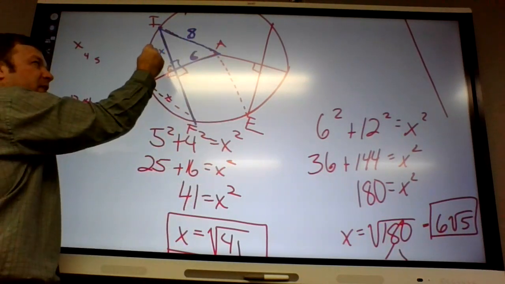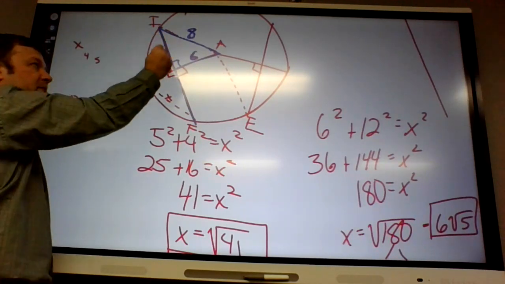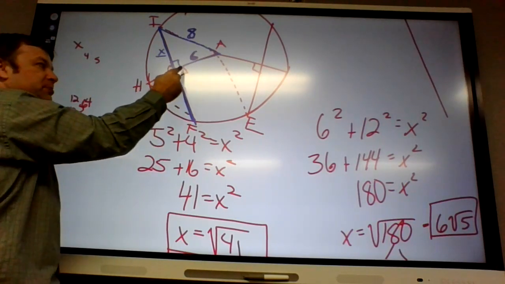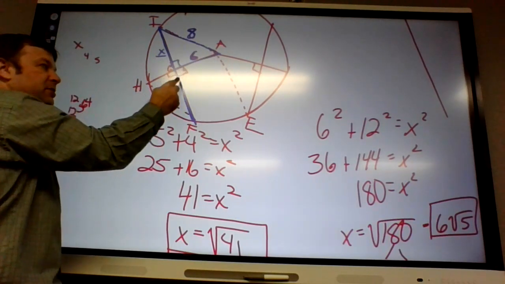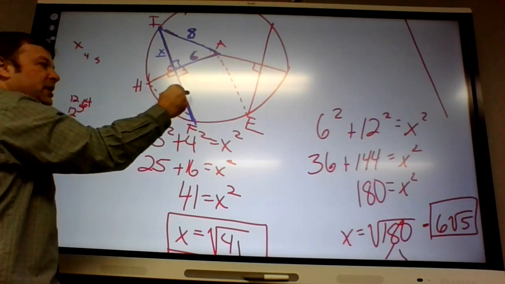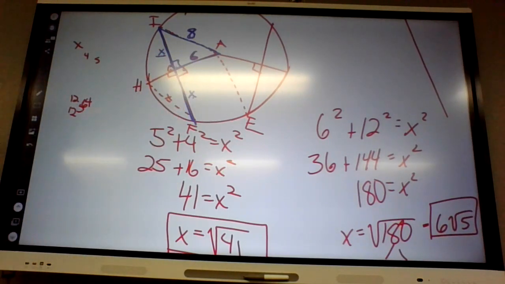Alright, once I find X, what do I do with that? Okay, so one thing you missed here is the radius is perpendicular to the chord, makes 90 degrees, then it splits the chord in half. So this is X, this is X. So I can just double the length of X.